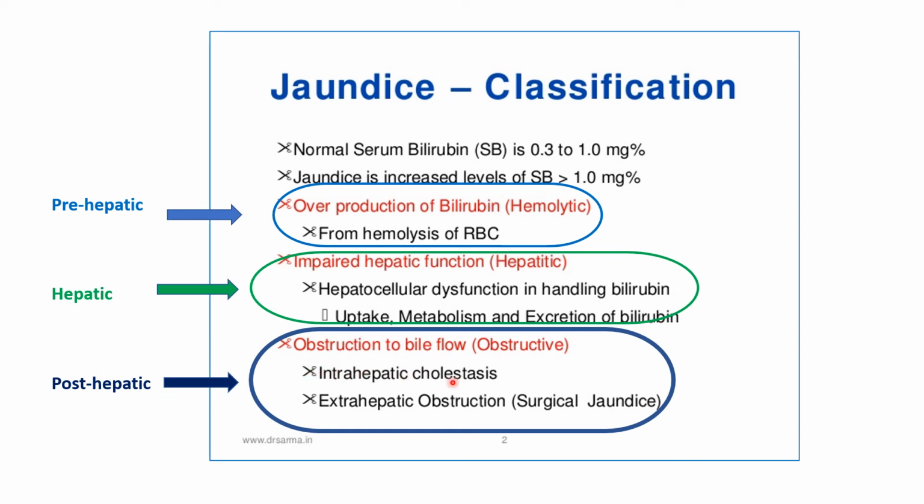Intrahepatic cholestasis, as I already mentioned, can also be classified as obstructive jaundice. But the more important is extrahepatic obstruction, which is also called surgical jaundice, where the bile ducts, the common hepatic and the common bile duct, are physically blocked by the presence of a gallstone within its lumen.